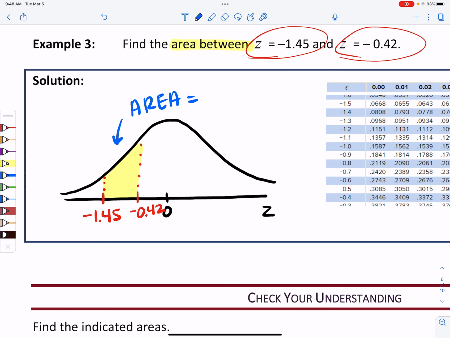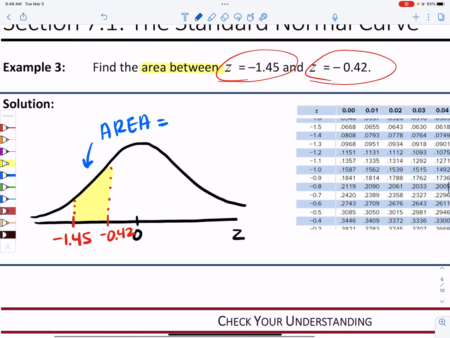All right, so what that means is this time I have two z-scores to look up. They're both negative. You may have some cases where one's positive, one's negative. You just go to wherever you need to go in your table to look up each value. And start with the larger value because it's going to have the larger area to its left. In this case, that would be negative 0.42.